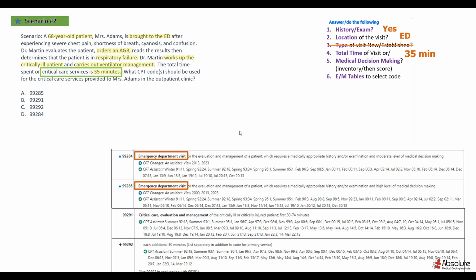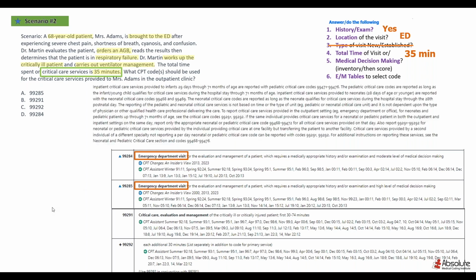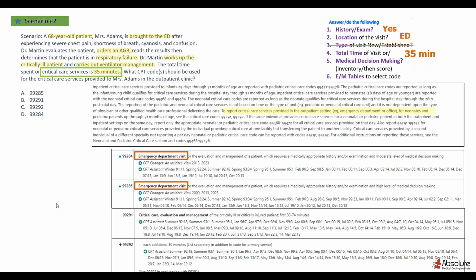So let's look at option A and option D, which are for emergency department E&M services. And we have a guideline here which says that to report the critical care services provided in an outpatient setting, emergency department or office for the neonates and the pediatric patients through 71 months of age, see the critical care codes 99291, 99292.